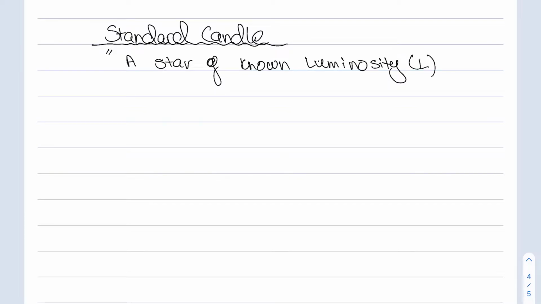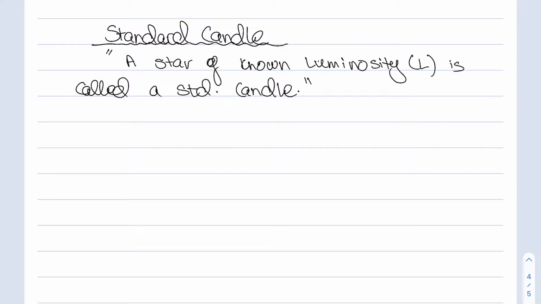A good definition would be a star of known luminosity L is called a standard candle. STD is standard. So that's what a standard candle is.